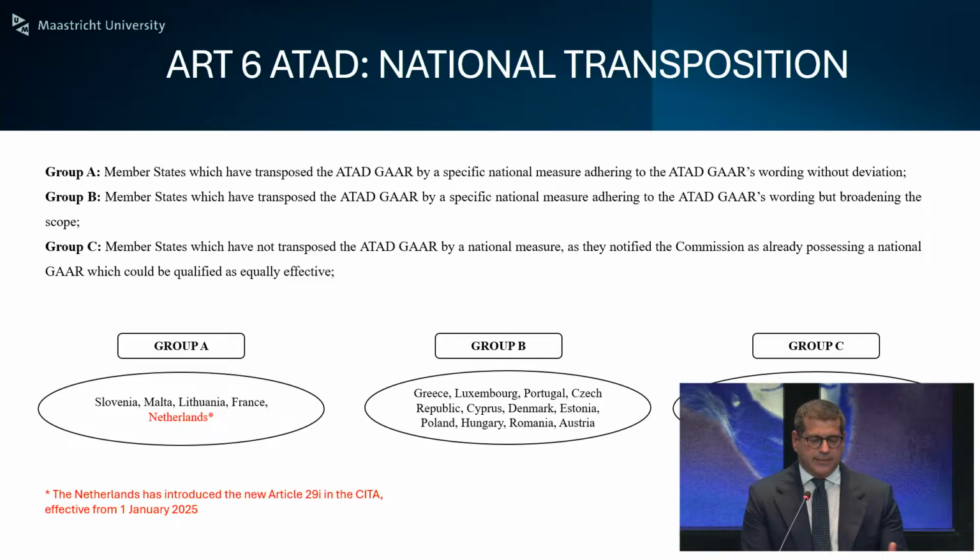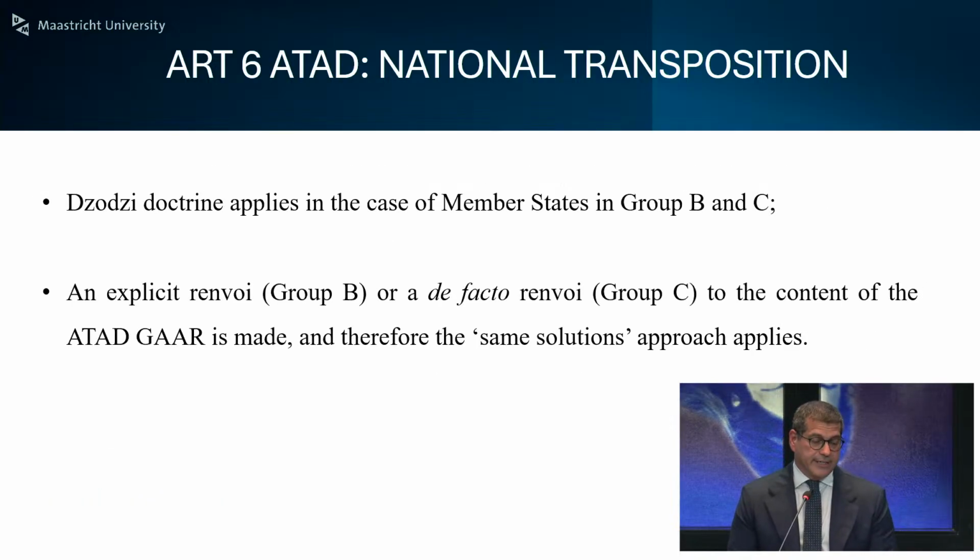What does this type of analysis bring with it? It brings with it what I argue, that the Zozzi doctrine applies for the member states of Groups B and C. What does it mean?